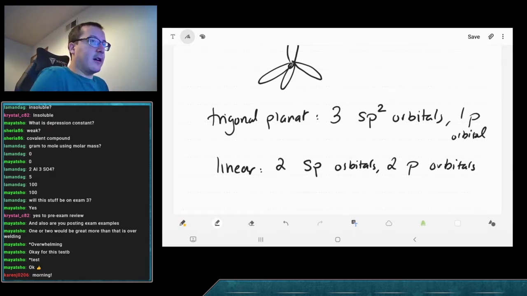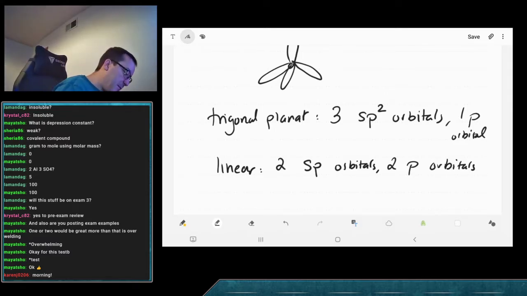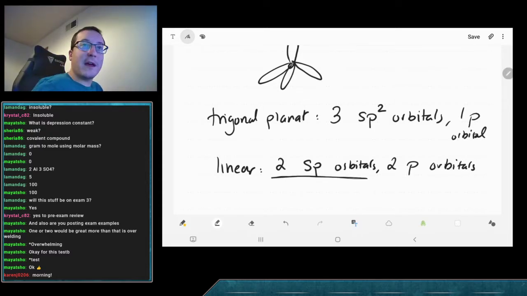So this is our cheat sheet. If you can identify the geometry, you can identify the hybrid orbitals that are participating within that bonding. Whenever you hybridize, if you're not using all of your orbitals, you'll have a few left over. With these sp orbitals, for example, we end up having 2 regular p orbitals that are not hybridized.